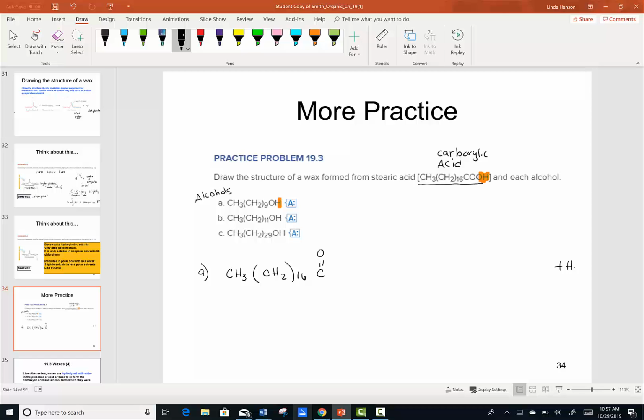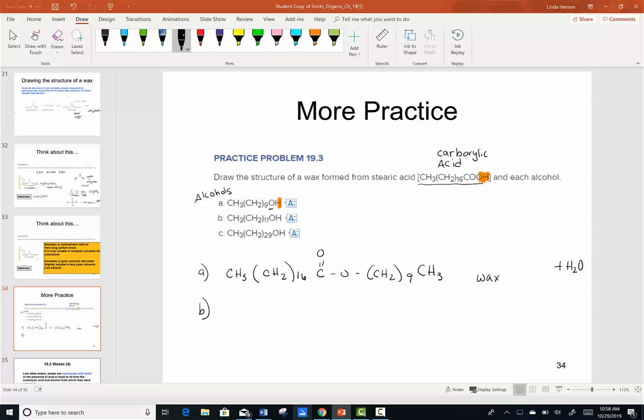So this is a dehydration process. And what attaches then is an ester linkage that originates from the alcohol, the O on the alcohol right here. It's attached to CH2 taken 9 times and ends with the methyl group. This is the wax that would form from stearic acid and a 10 carbon chained alcohol.